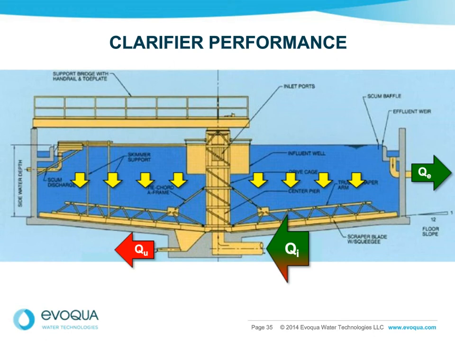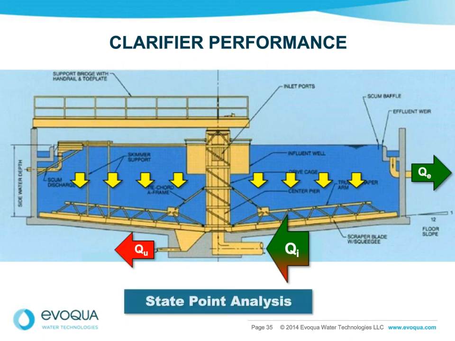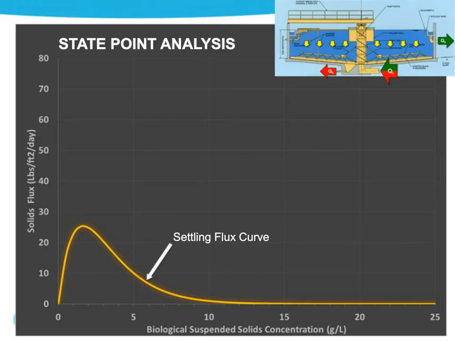And if you analyze a clarifier, one of the things you normally will look at is what's called solids flux or state point analysis. A state point analysis will generate what's called a solids flux curve, and you need to have your loading in that clarifier below that curved line. So if you were to plot your effluent flow and your underflow out of that clarifier, where those lines intersect, provided it's below that solids flux curve, your clarifier is going to perform properly.